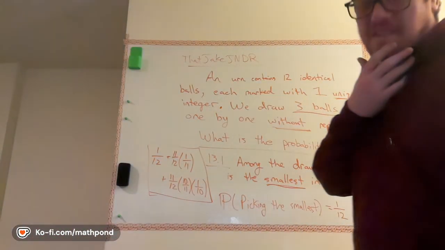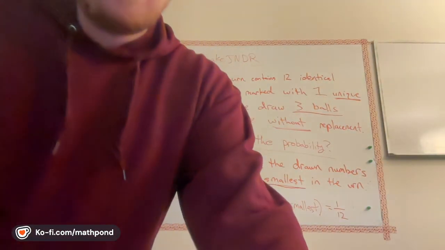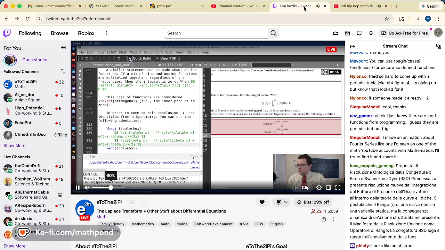so I have to type it in the calculator. I'm also too lazy to do it out. All right. So 1/12 plus 11/12 times 1 over 11 plus 11 twelfths times 10 elevenths times 1/10.